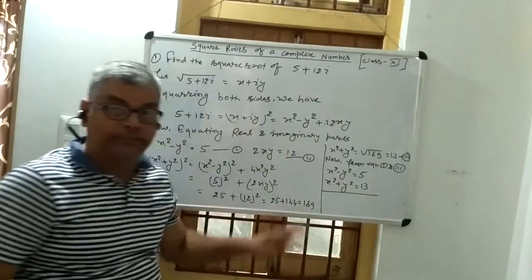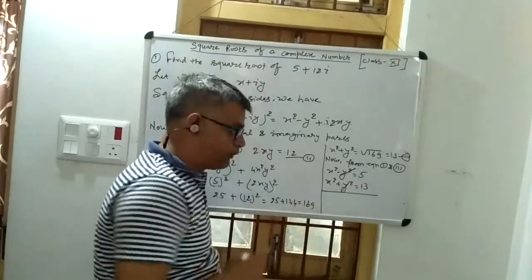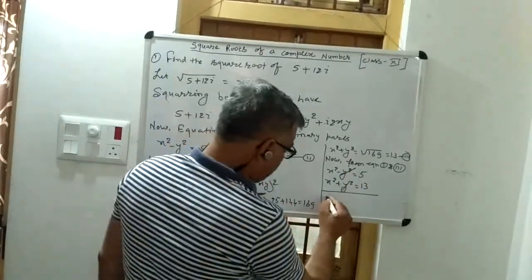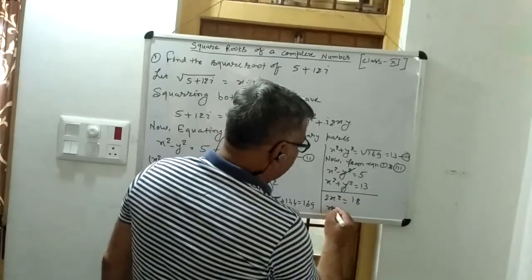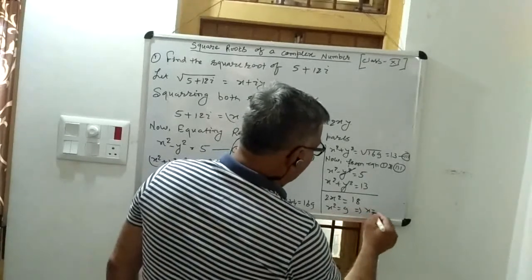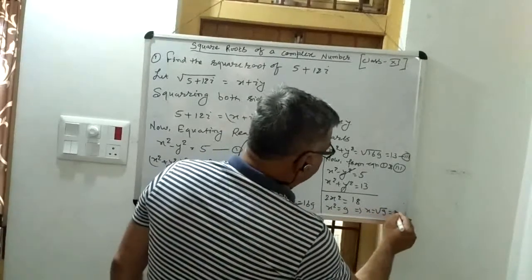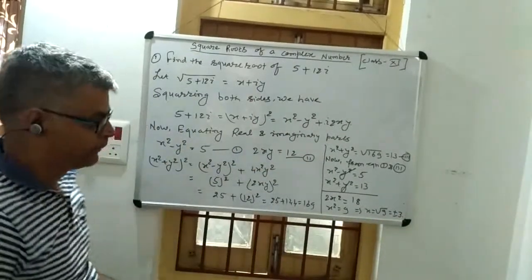Add them together. When you add, minus y square plus y square will get cancelled. So you will have 2x square equals 18, so that x square equals 9, which is x equals under root 9, that is plus minus 3. This is the value of x.